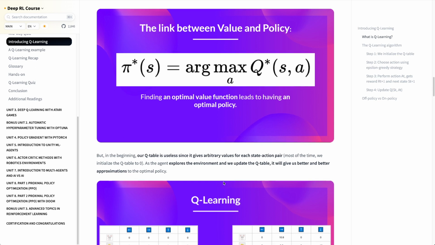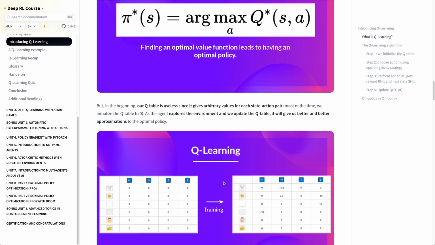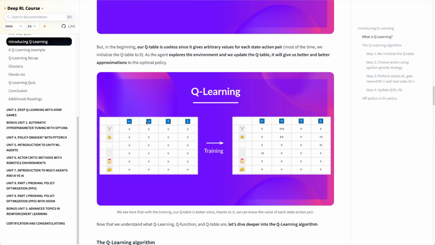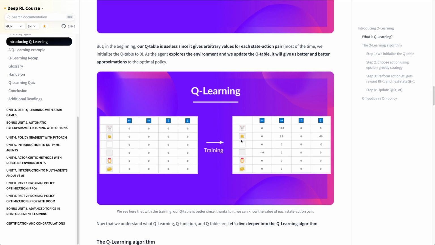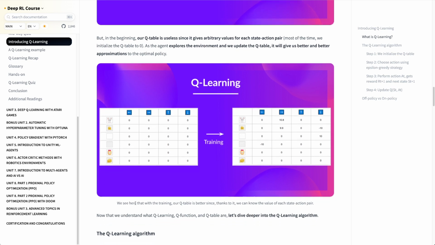Most of the time, we initialize the Q table to 0. As the agent explores the environment and we update the Q table, it gives us better and better approximations to the optimal policy. First it starts at 0, and then there's some updating process where these are all updated. You see here that with training, the Q table is better, since thanks to it we know the value of each state-action pair.